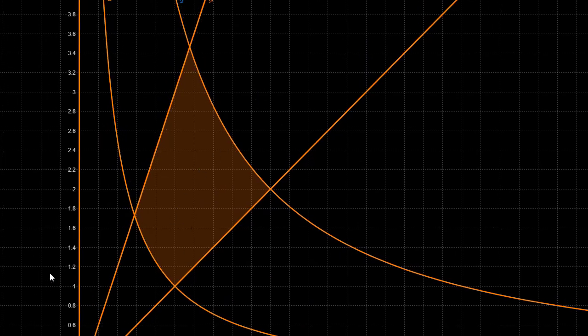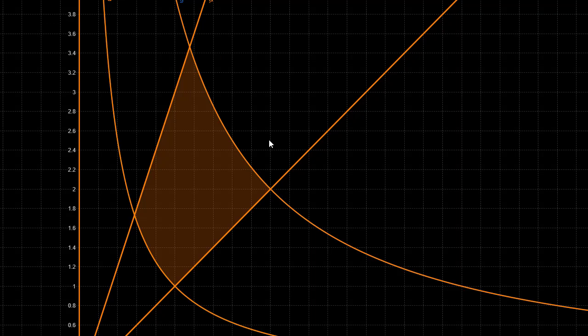If we were thinking about it left to right, it's the same thing. The left side changes when we move here, but the right side changes when we move here. So we would need an integral for this bottom piece, an integral for the thin middle piece, and an integral for the top piece.